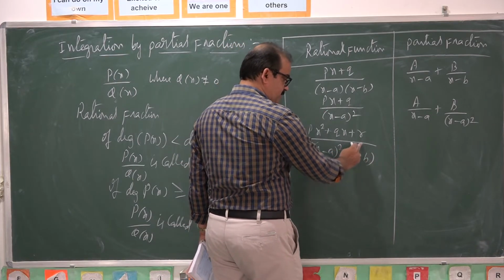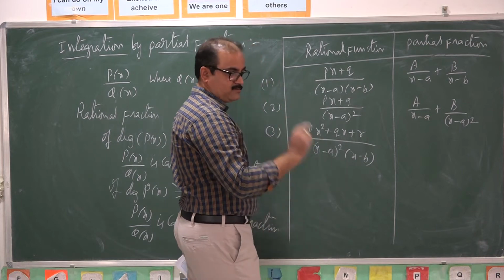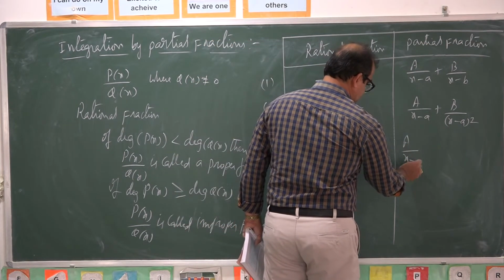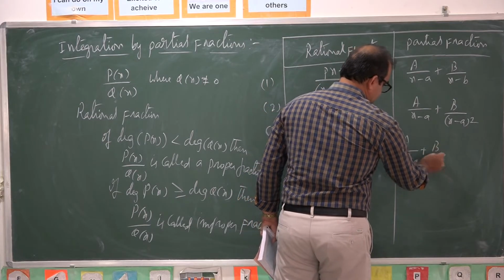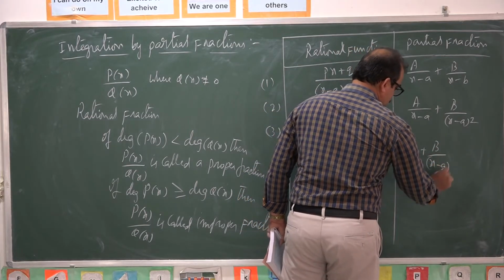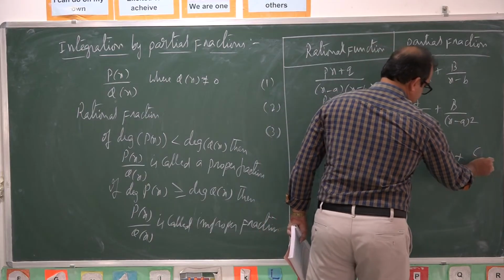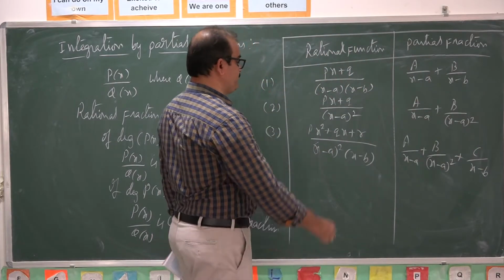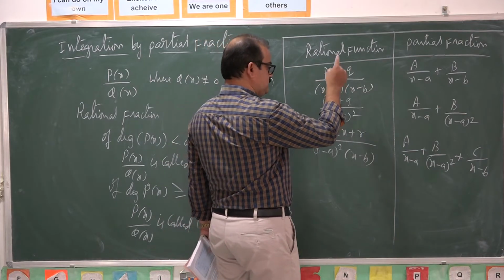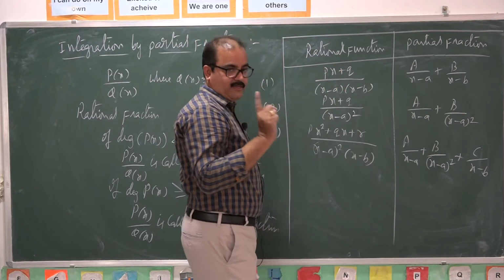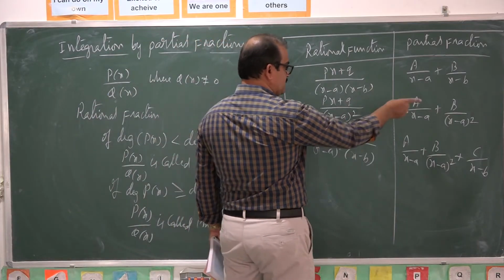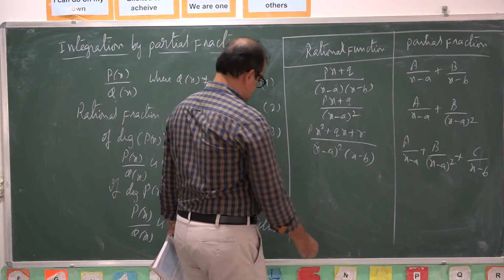For the non-repeated linear factor, 1 partial fraction. So write it as a by x minus a plus b by x minus a whole square plus c by x minus b. That means if a linear factor is non-repeated, you get only 1 partial fraction. If it is repeated 2 times, you get 2 partial fractions.